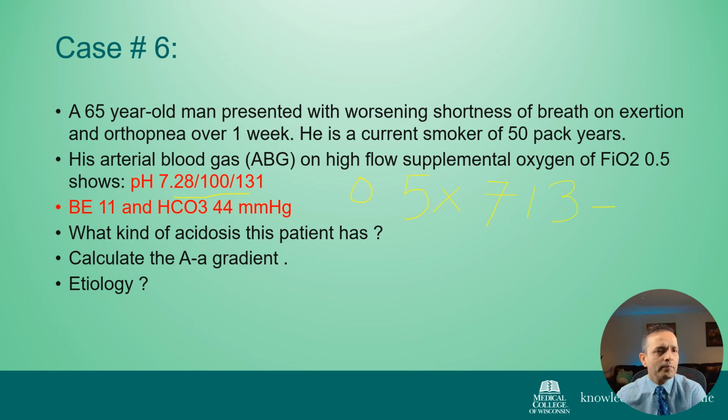Then you divide the carbon dioxide PCO2 by 0.8. So that is the big A. So big A is going to be how much? It is going to be 356 minus 125.